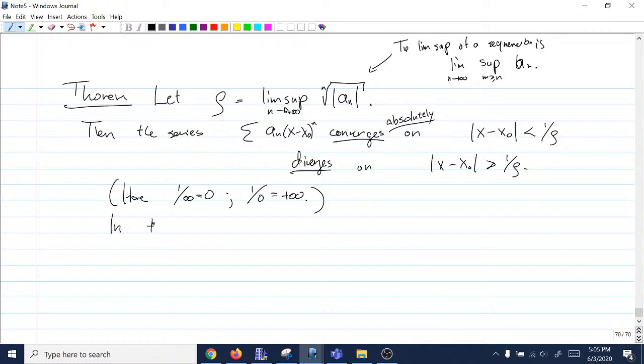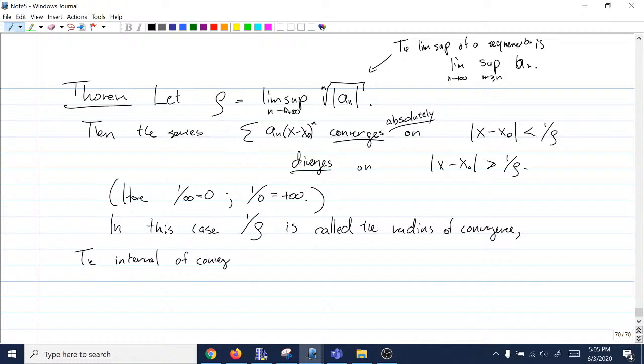In this case, 1 over rho is called the radius of convergence. And the interval of convergence is the name for the interval of points at which it converges.